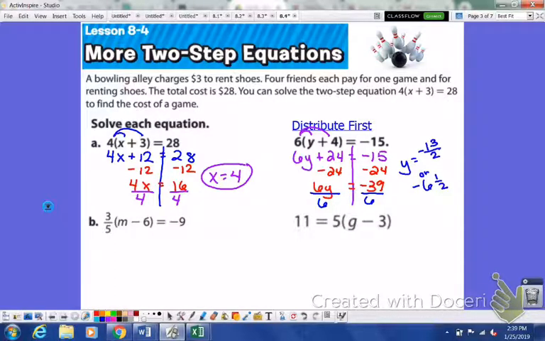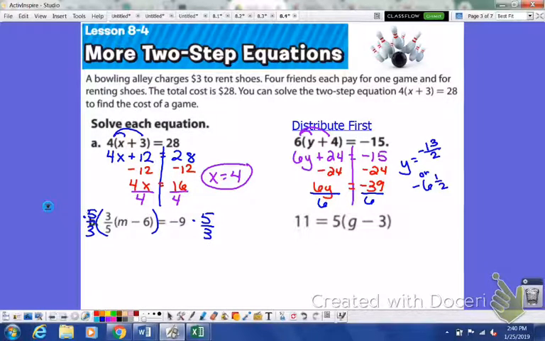Okay, now part B, we see a fraction. I'm actually going to solve this one a little differently. So, we see a fraction. Think about how we got rid of fractions before. You multiplied both sides by the reciprocal. So times 5/3, watching our signs.